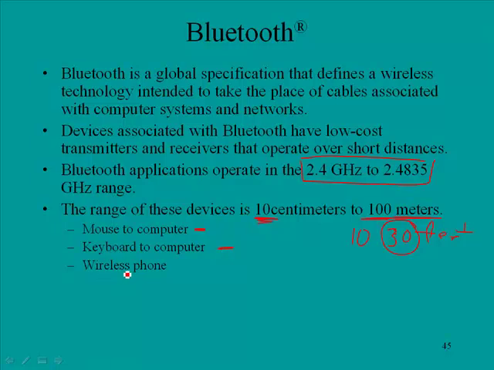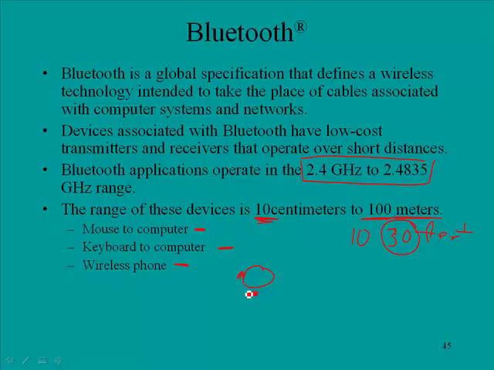One of the applications that we're seeing now is with wireless phones that have a Bluetooth connection. The wireless phone actually uses RF, but what we're talking about here is, for example, when you're driving your car and you want to talk on your wireless phone, and you have a headset connected to your ear.